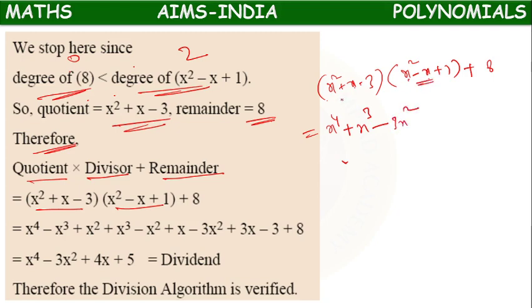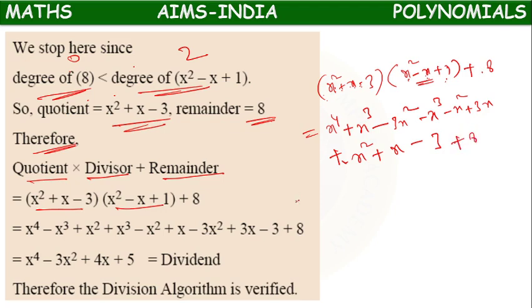Next, minus x into x square, minus x cube, minus x into x, minus x square, minus x into minus 3, plus 3x. Plus, 1 into x square, 1 into x, 1 into minus 3, plus 8.